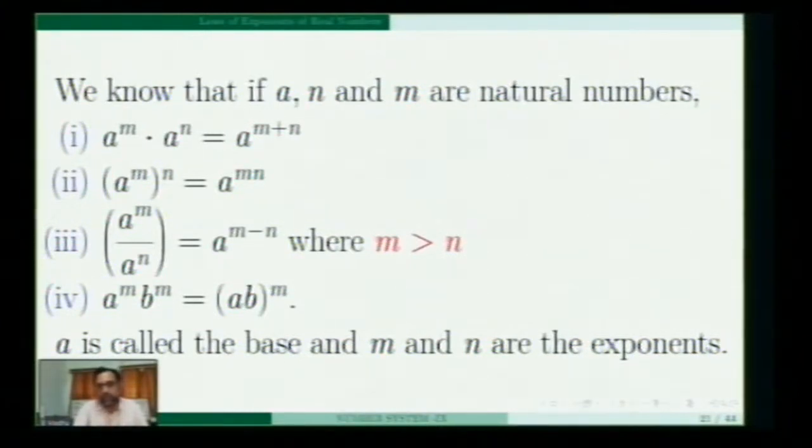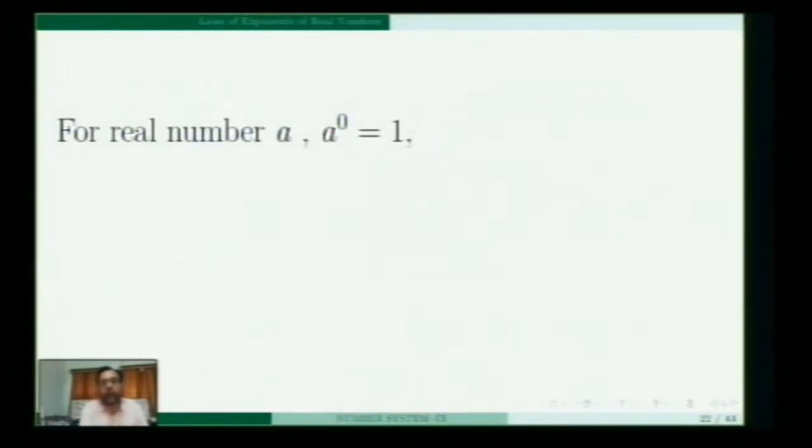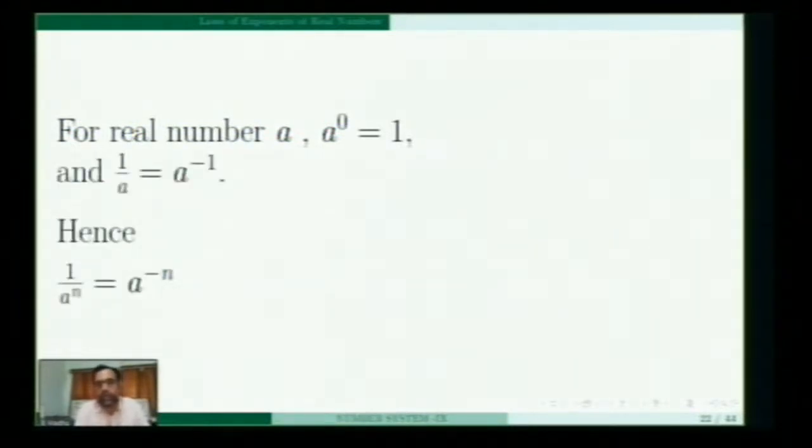Keeping this, we will define for any real number a, a to the power 0 is equal to 1. Then next is a notation. When we have 1 by a, we will denote it by a to the power minus 1. 1 by a to the power n is equal to a to the power minus n.